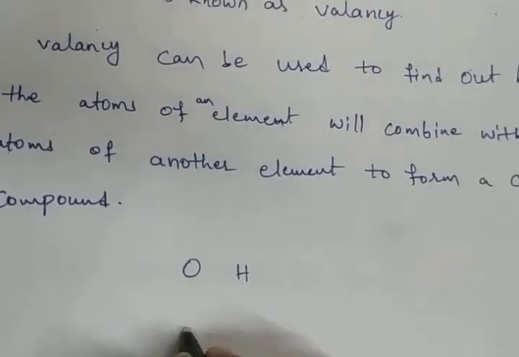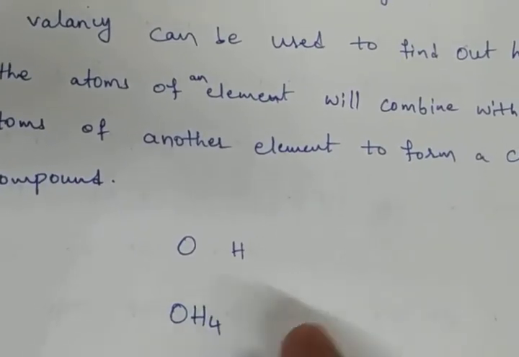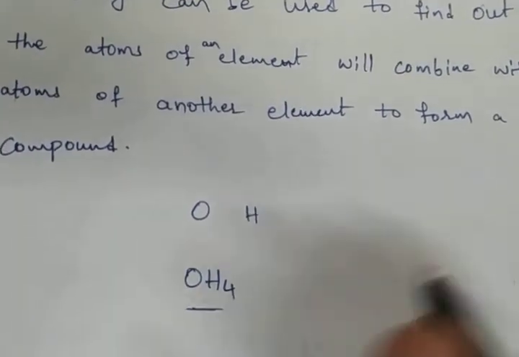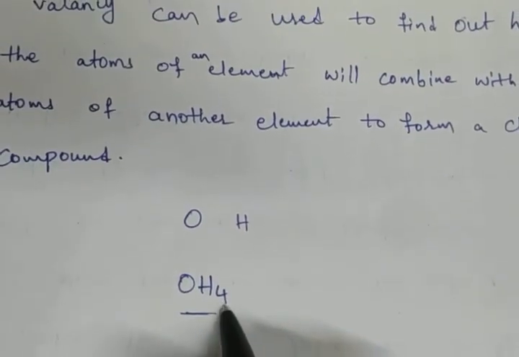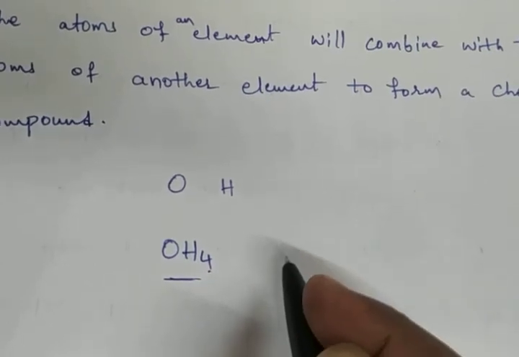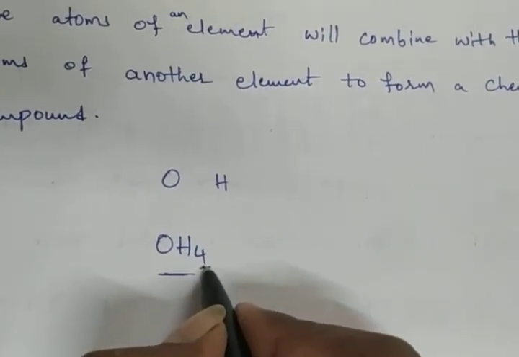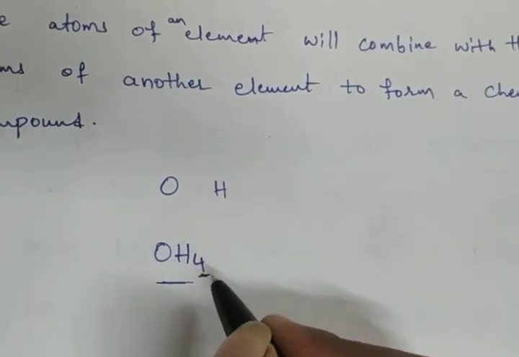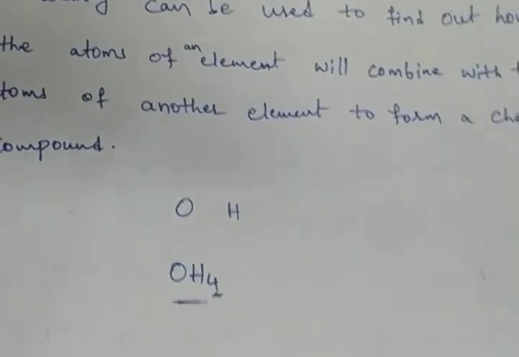We get OH4. The subscript 4 indicates the number of humans held by the octopus. So this is how we get the formula.